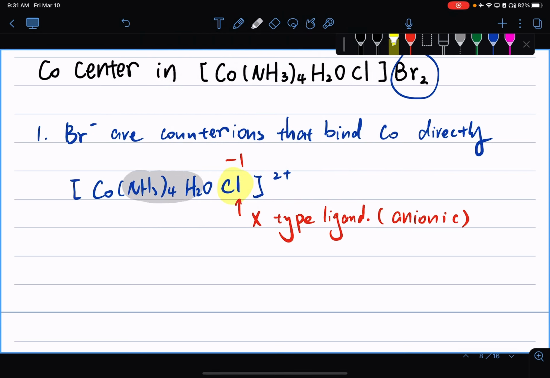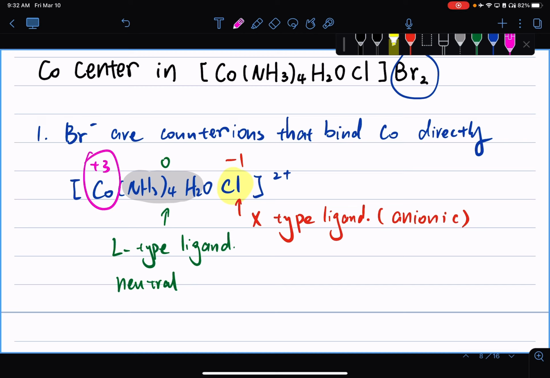And then the ammonia and water are our L-type ligands, or neutral ligands. So they do not change the oxidation number of your center atom, which is cobalt in this case. So as a whole, we can identify that my cobalt center will have a +3 oxidation number, or you can write it as cobalt 3.